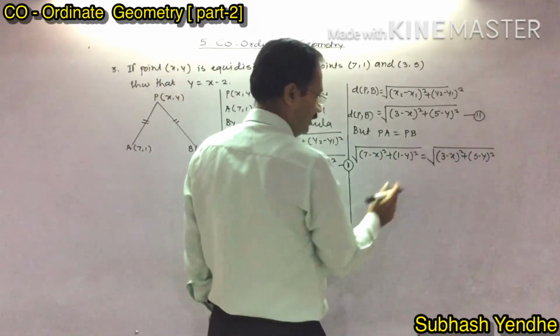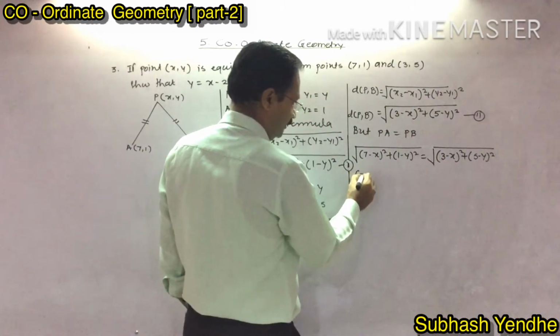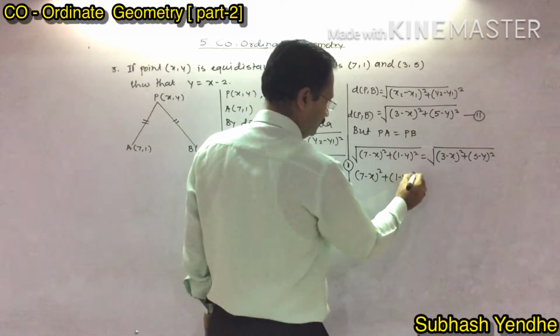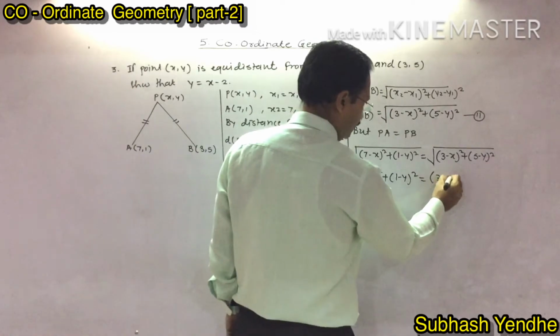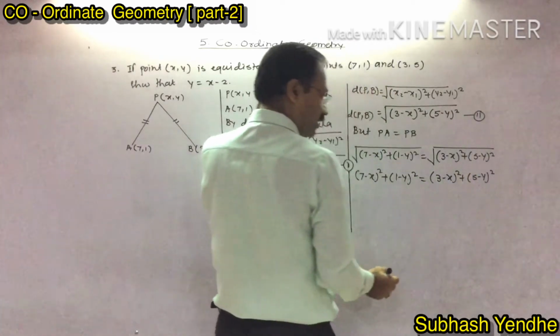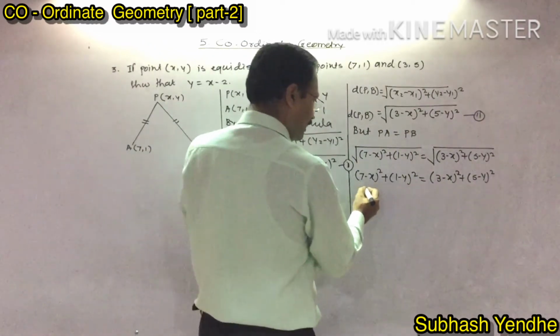Both the roots will be cancelled. So you will get 7 minus x square plus 1 minus y square equals 3 minus x square plus 5 minus y square.